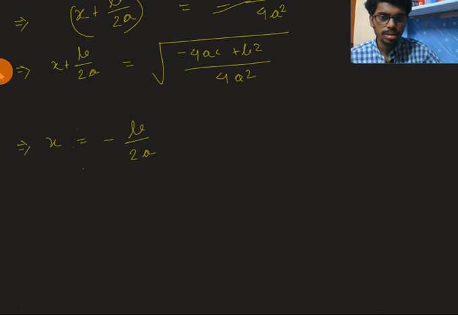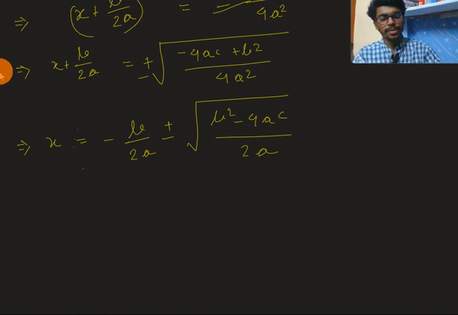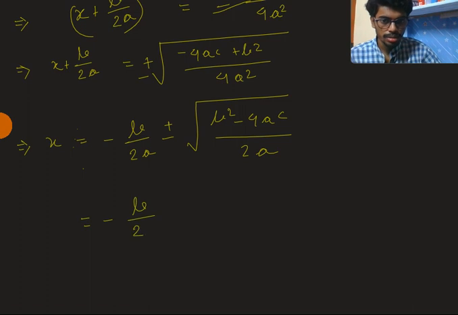Okay, here the plus minus sign, plus minus whole root of b square minus 4ac by 2a. Okay, now we have come to the point, that is x is equal to minus b by 2a plus minus, I can take this out of the root, and I get 1 by 2a whole root of b square minus 4ac.